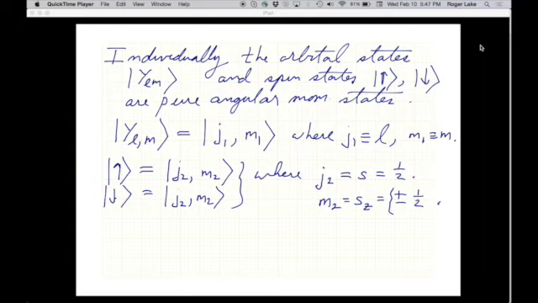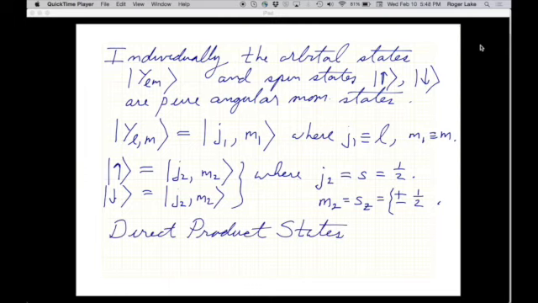And so our direct product states, which is our starting point, are YLM up and YLM down. All our states we can represent like that. They're just direct products of the orbital and the spin angular momentum.